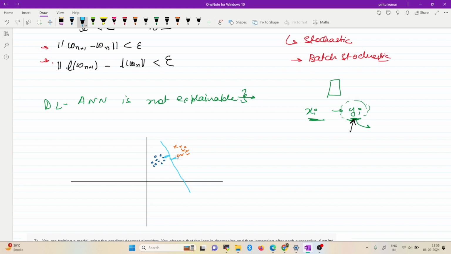Now if somebody asks you why did you make this prediction, why did you classify this particular point to be orange rather than blue? What you can say to that person is that because this point was on the right of this separating hyperplane, that's why I predicted it to be orange.